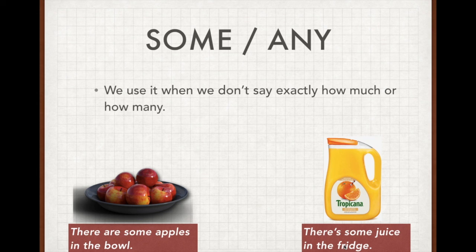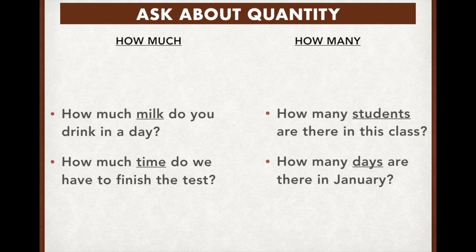So, not exact quantities. When we want to know an exact quantity, what we do is we ask using how much or how many. What's the difference here? I'm sure you already know, but in the examples you can see that we have here how much milk do you drink in a day, how much time do we have to finish the test.